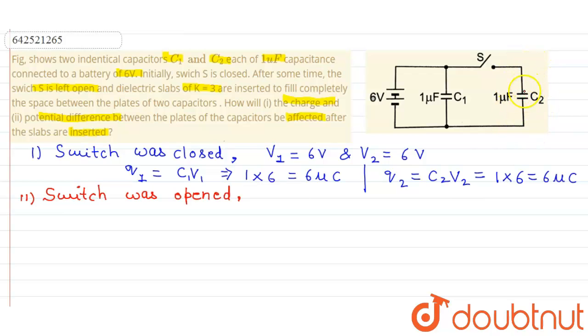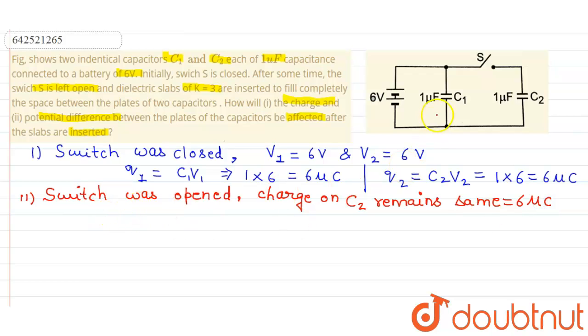The charge on C2 will remain the same, that is Q2, because it is no longer connected with a battery. It remains the same, equal to 6 microcoulomb.